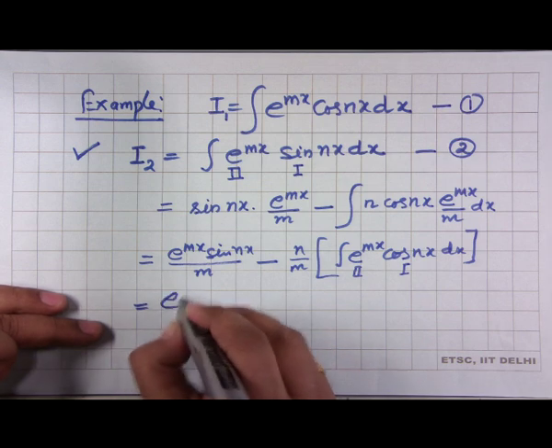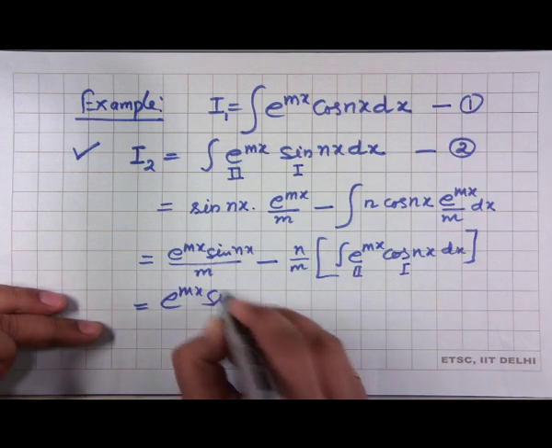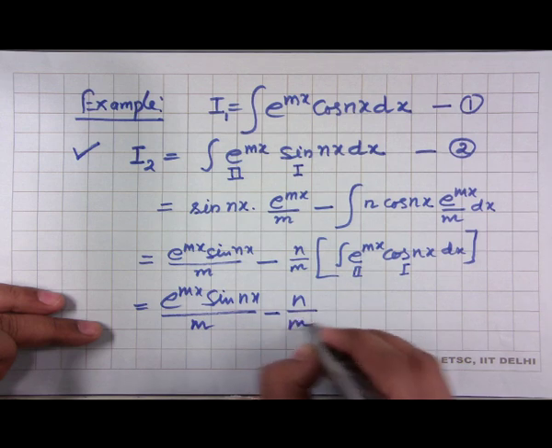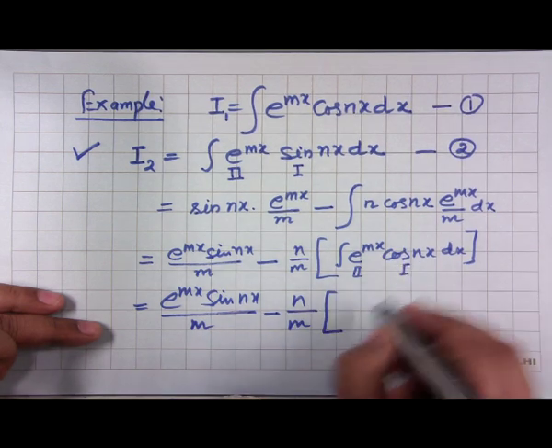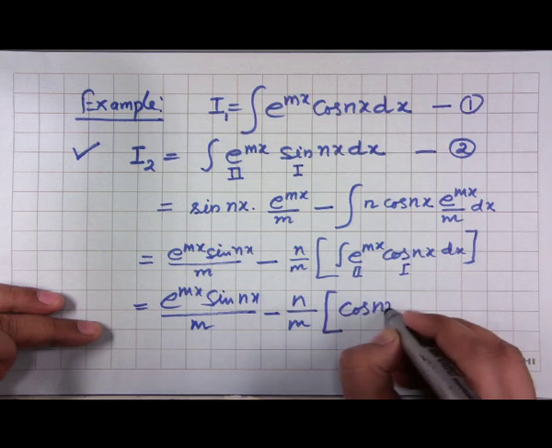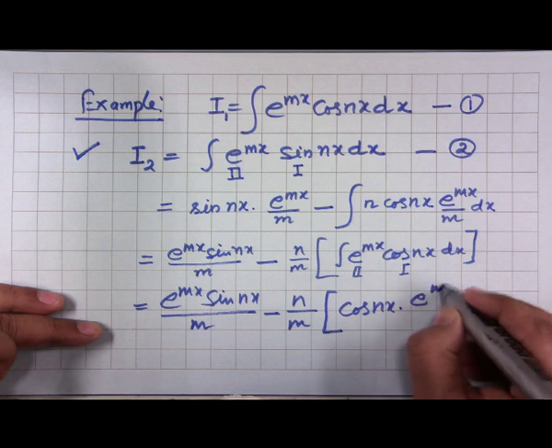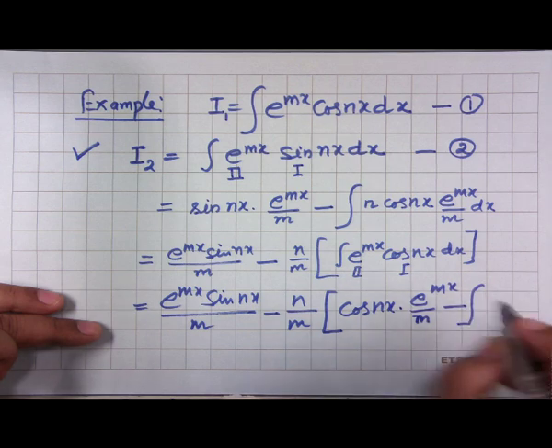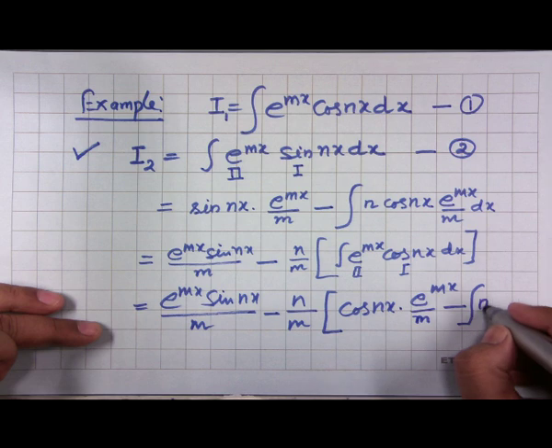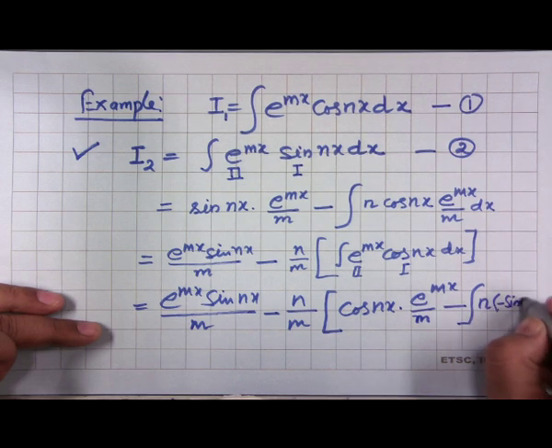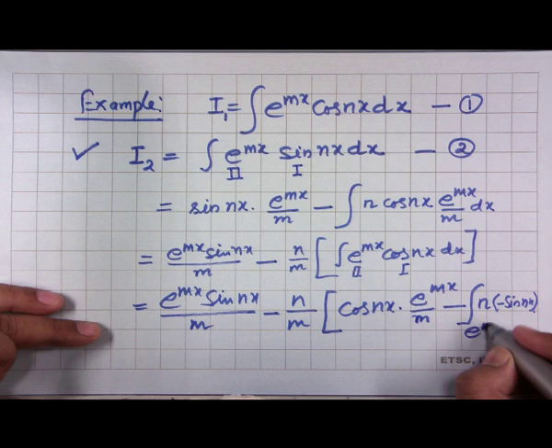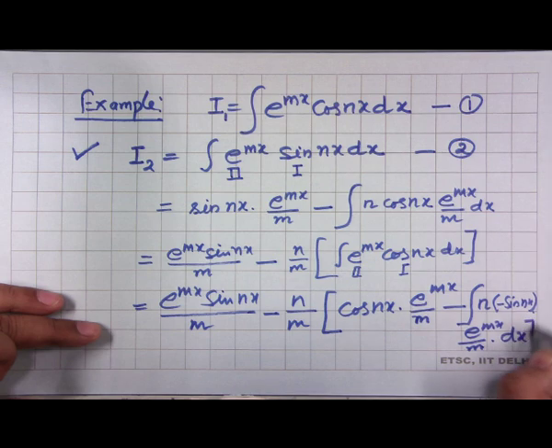So, what I will get is e raised to power mx sin nx divided by m, minus n by m times: first function cos nx, integration of the second e raised to power mx by m, minus the integration of the differentiation of the first, which is minus n sin nx, times the integration of the second, e raised to power mx upon m, and then the whole integration.